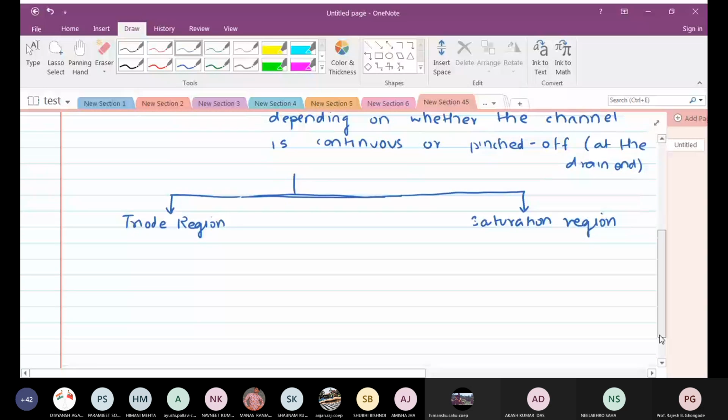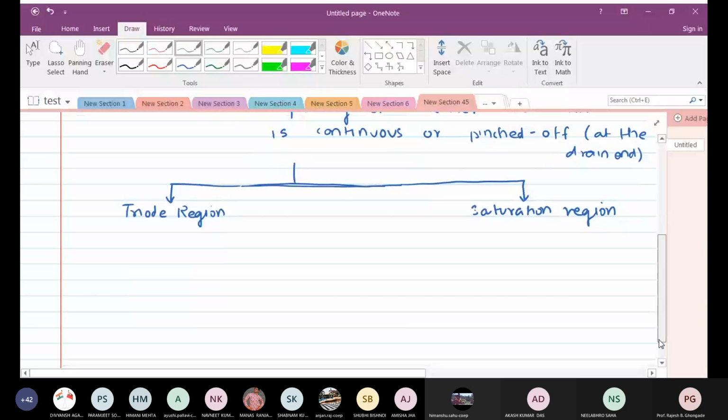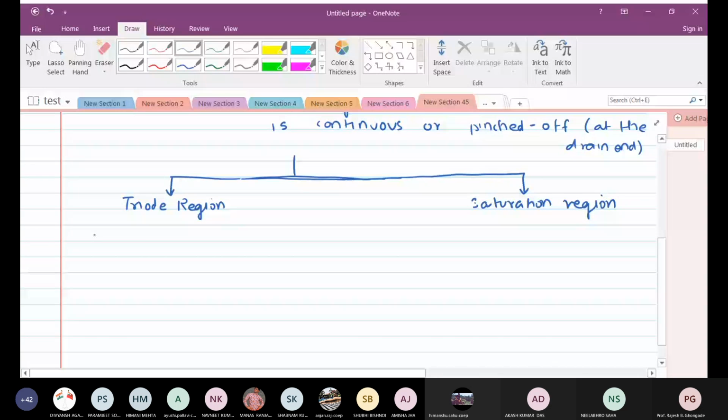Okay, so here it is characterized by continuous channel, obtained by either we can write VGD, we have already seen this yesterday, which is greater than VT, or simply VDS, which is less than VOV.